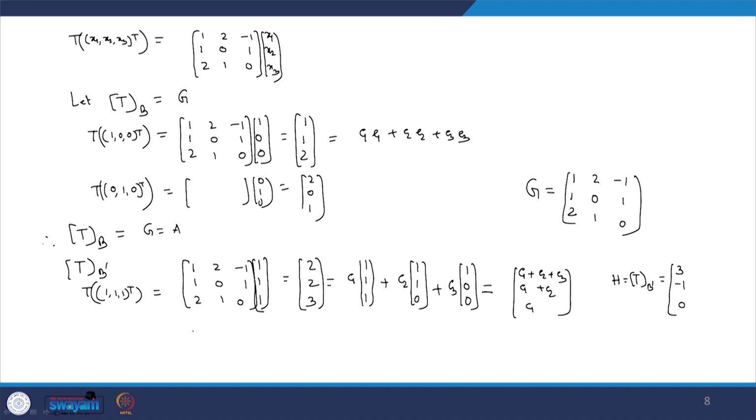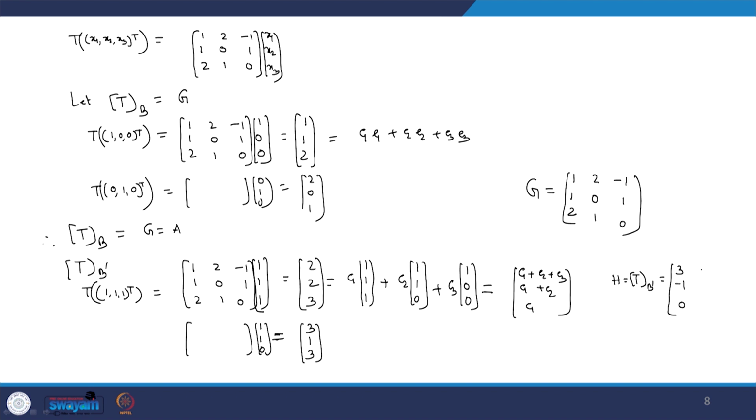Now, again this matrix when operating on the second one, that is 1 1 0, this will give me 3 1 and 3. So, this is again equal to the same C1 plus C2 plus C3. So, this implies my C1 is equal to 3.